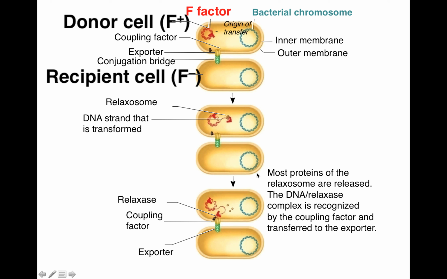The proteins of the relaxosome are released, and the DNA relaxase complex is recognized by the coupling factor and transferred to the exporter. So there are a lot of steps necessary to get one strand of this double-stranded F episome to attach to and begin the process of being exported into the other cell.